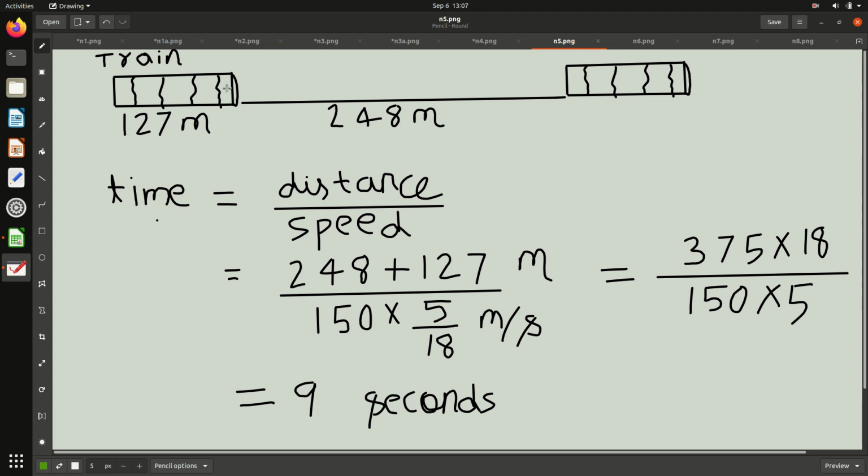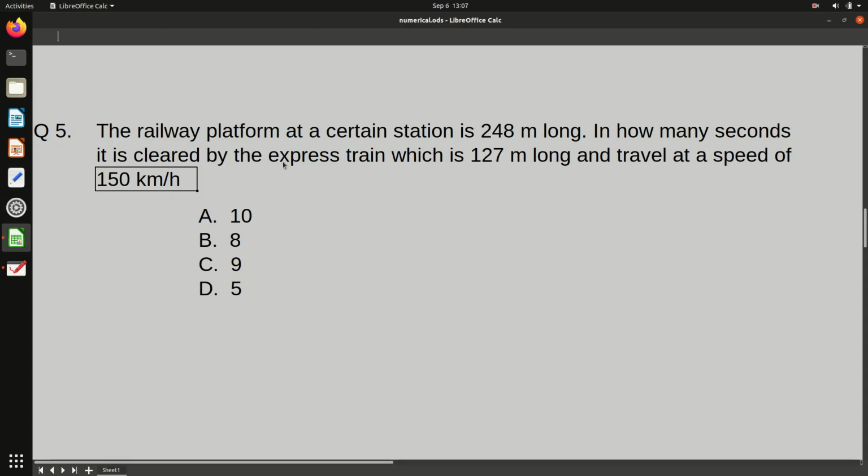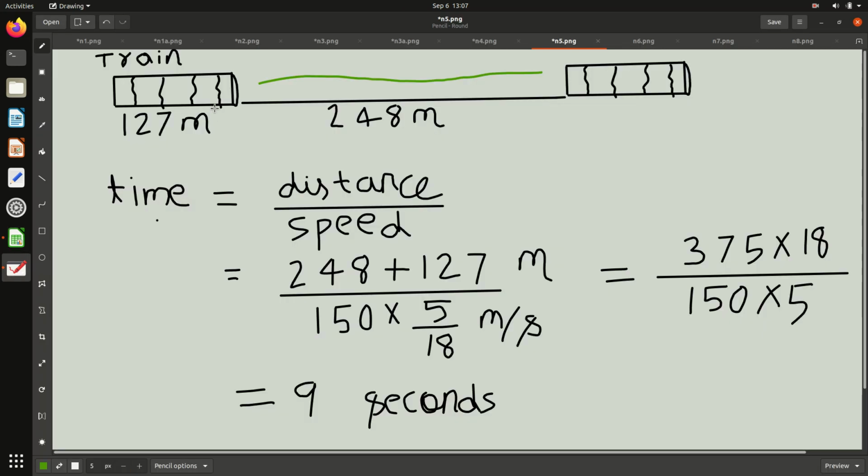The question is, this train has to pass this station, that is move from here and just cross it, because it is saying that we have to clear the station. In how many seconds is it cleared? Cleared means it should start from here and pass all the way until its last part crosses the platform, and this train will come here. So we have to find what time it will take to do this.